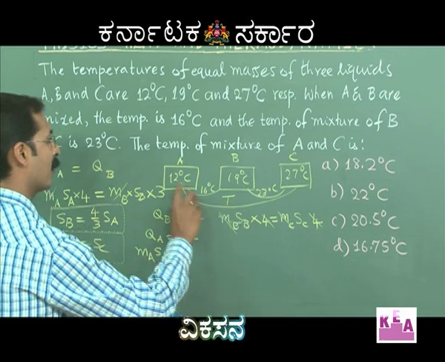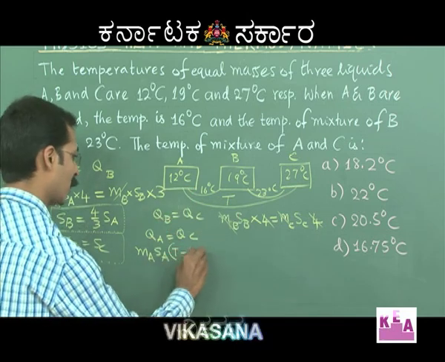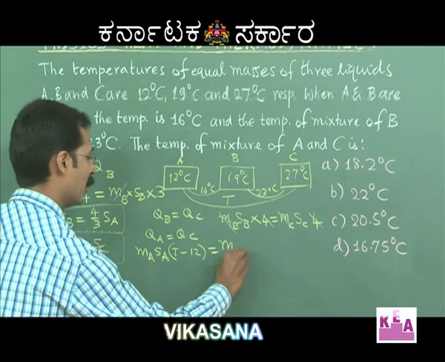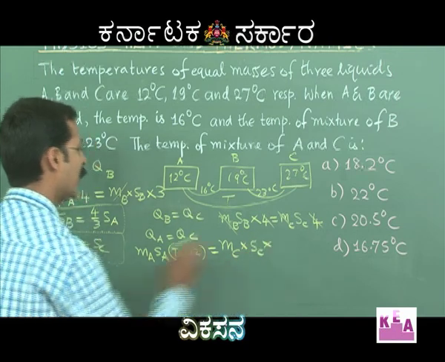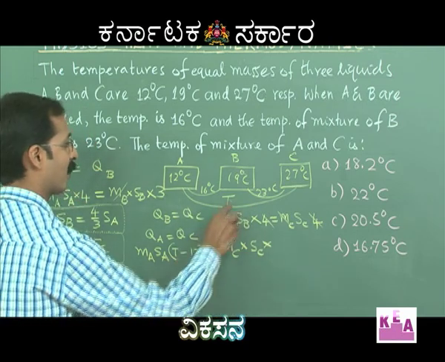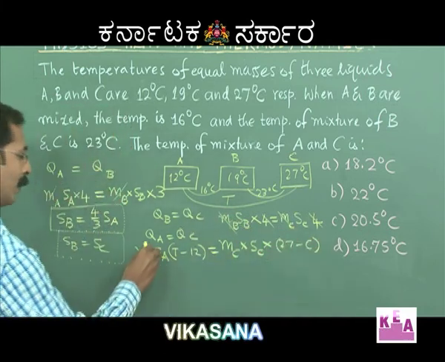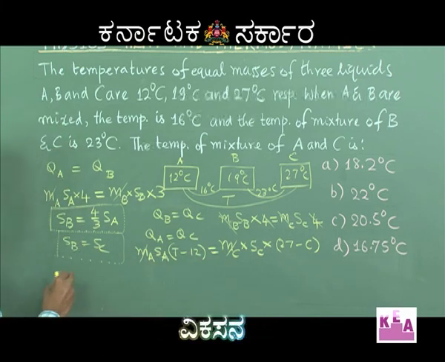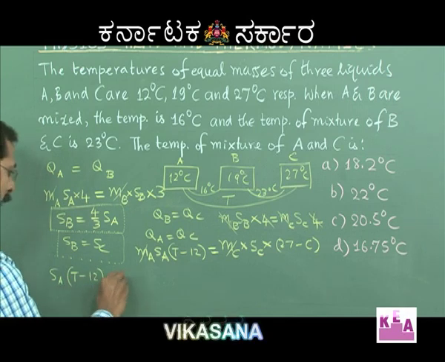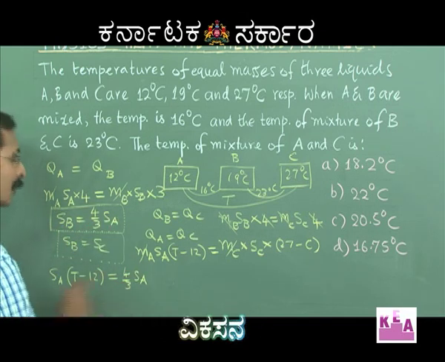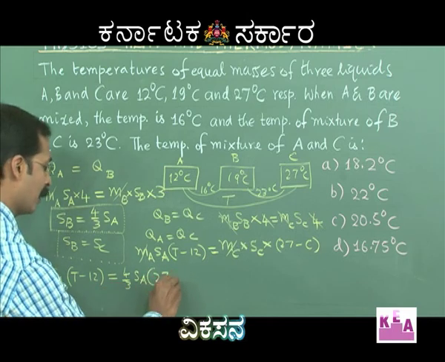Final temperature is T, initial temperature is 12, therefore T minus 12, is equal to heat lost by C, Qc, which is mass of C into specific heat of C into change in temperature of C. That is heat lost, therefore initial temperature minus final temperature, that is 27 minus T. Masses get cancelled and I am left with Sa into T minus 12 is equal to Sc into 27 minus T. Sc is equal to Sb, but Sb is equal to 4 by 3 Sa.